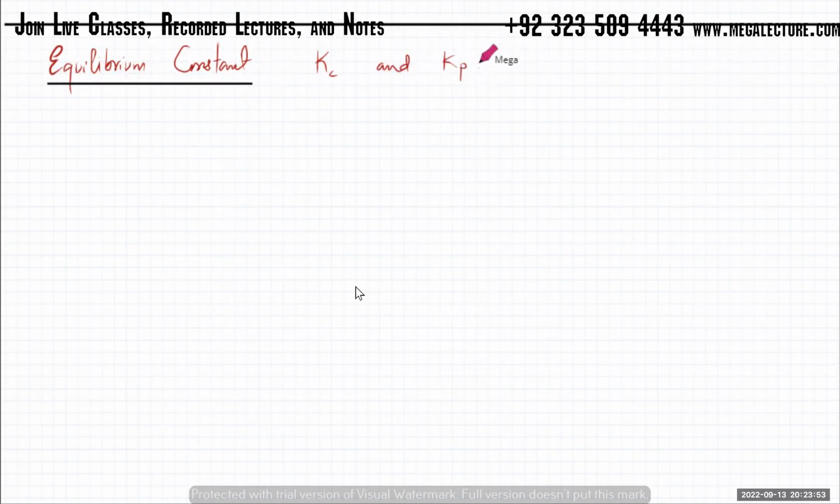So the only difference is that Kc is usually for solutions. C stands for concentration. Okay, the term concentration is mostly used for solutions. So it's mostly related to equilibriums that are in solutions.